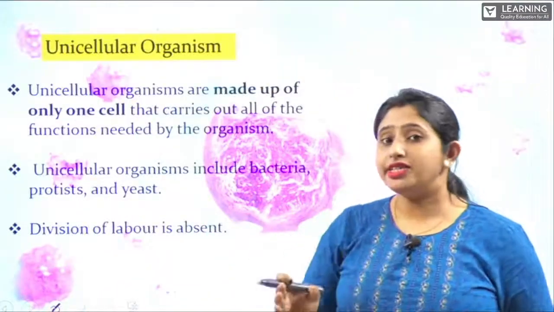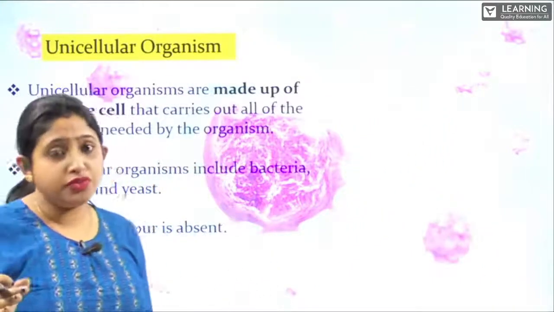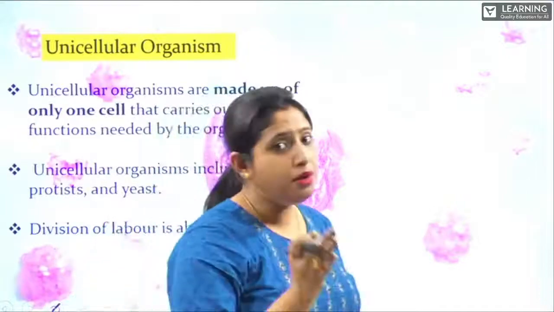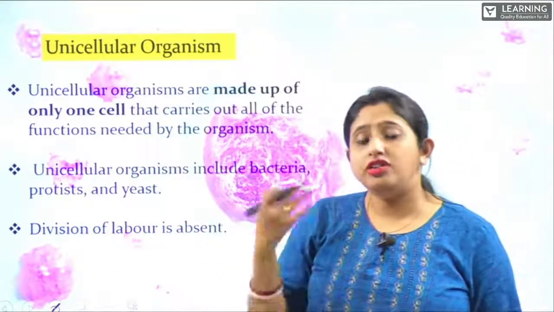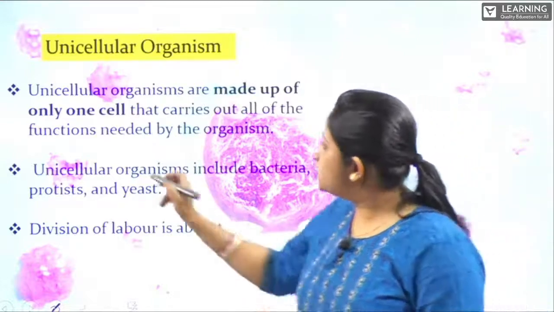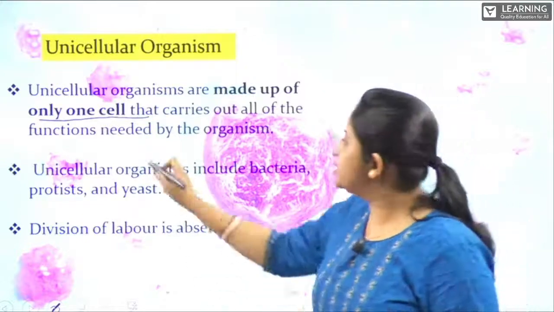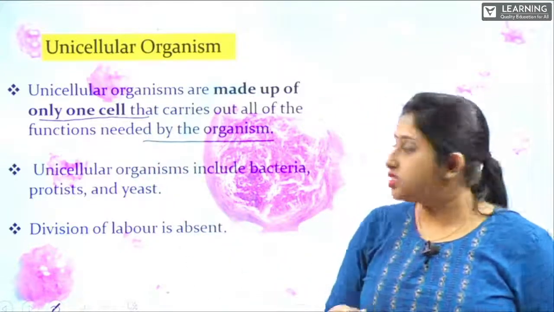As I said, organisms can be classified into two types, the unicellular organisms and multicellular organisms. Unicellular means they have only a single cell that carries out all the functions needed by the organism.